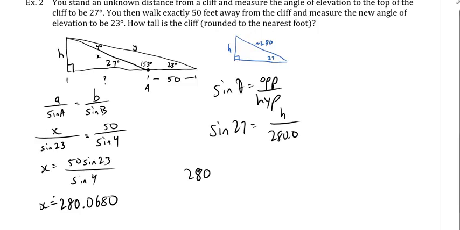So 280.0 sine 27 equals H, and H equals. On my calculator, I already have that number. I just go times sine 27. And I got 127.1. Is that right? Is this feet?